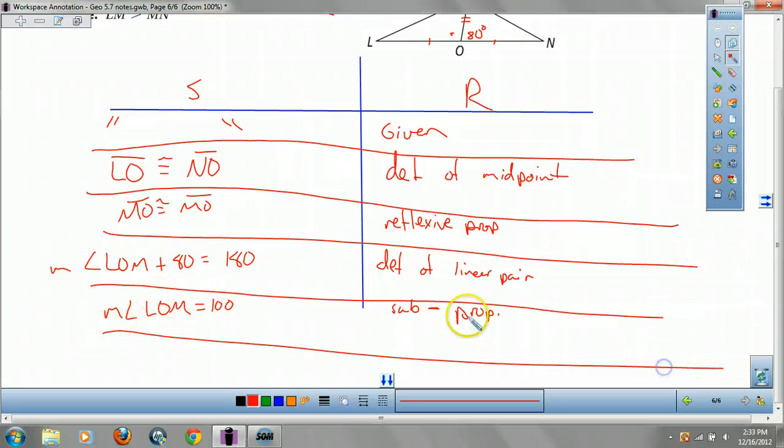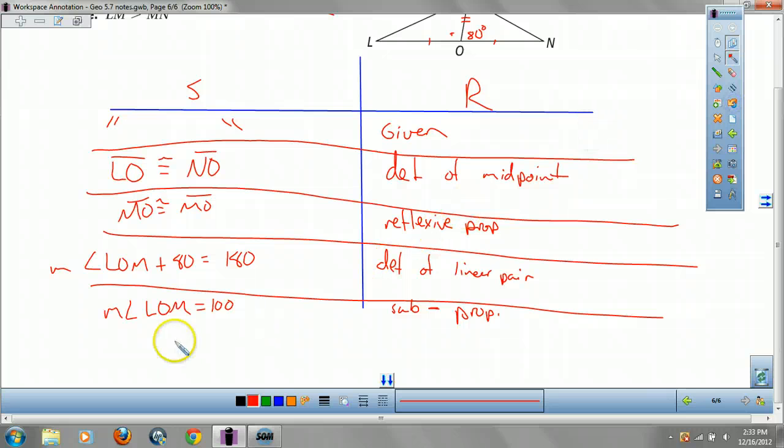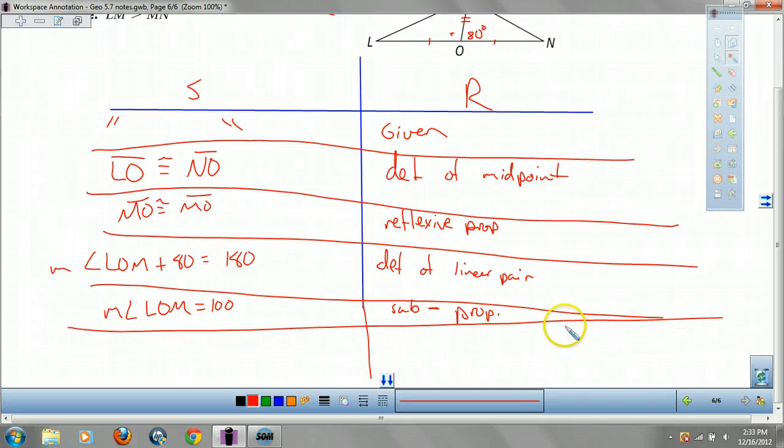Now, nice job, Mr. Williger. Those are definitely not parallel lines. Can I say that the measure of angle LOM is greater than the measure of angle MON? Yeah, I can. It's just a fact, right? Oh no, definition of angle measure.